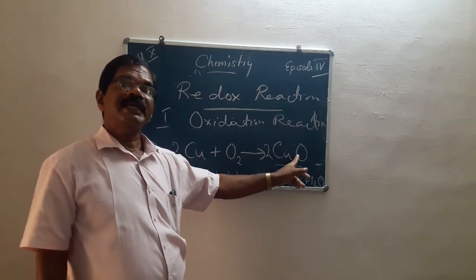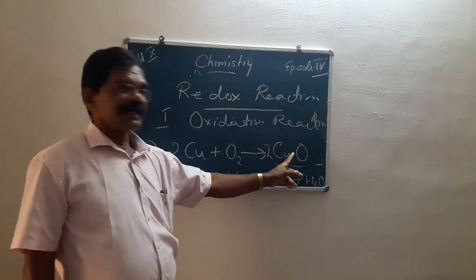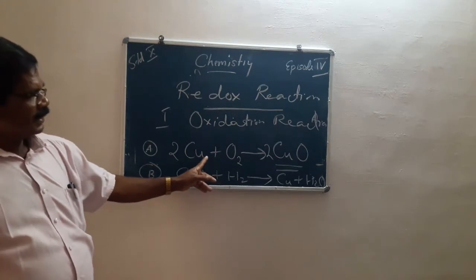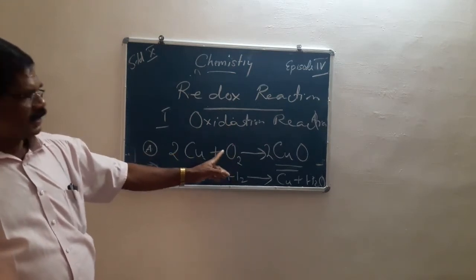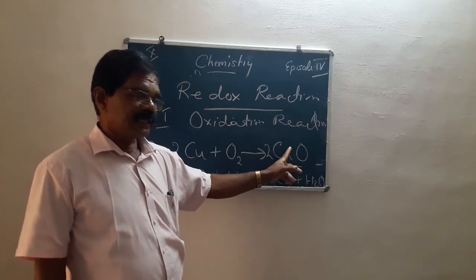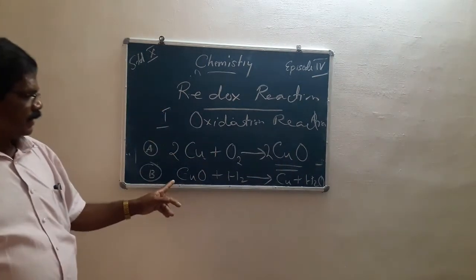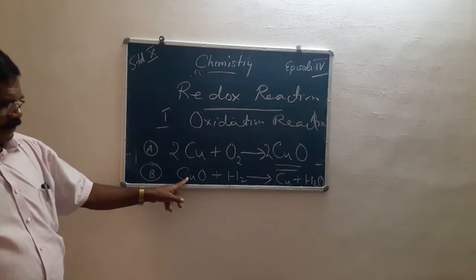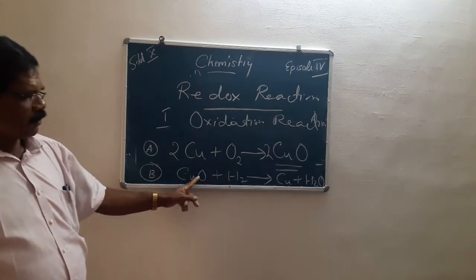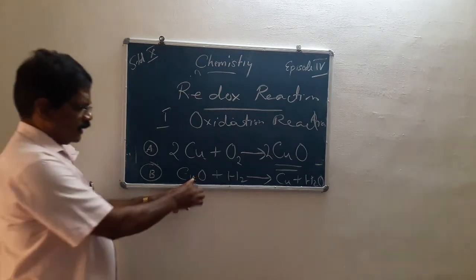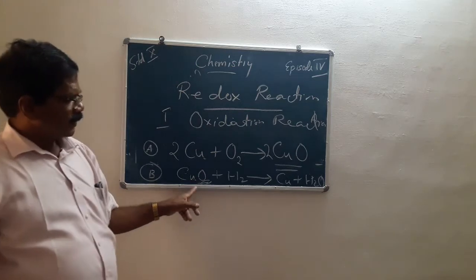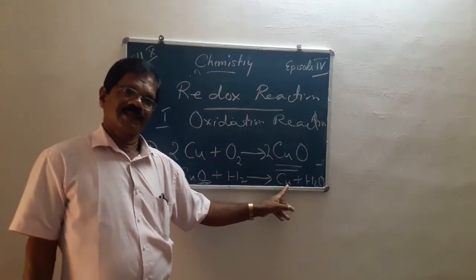This is an oxidation reaction. Oxidation means an element gains oxygen. At the same time, in the second reaction, when hydrogen is passed over the copper oxide, the oxygen is removed from the copper oxide. This is known as a reduction reaction.